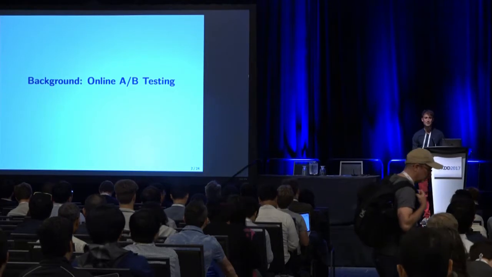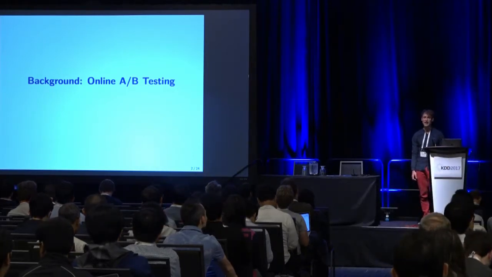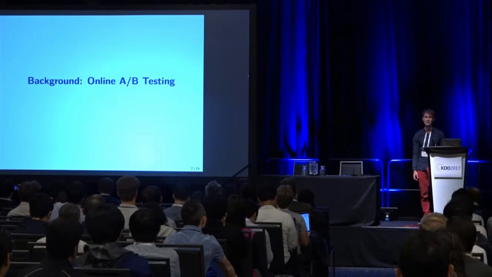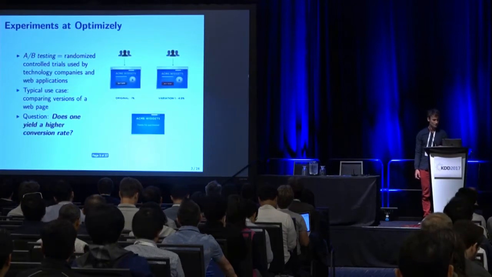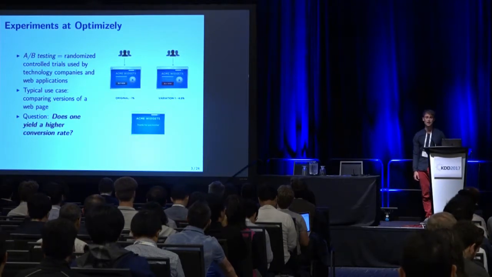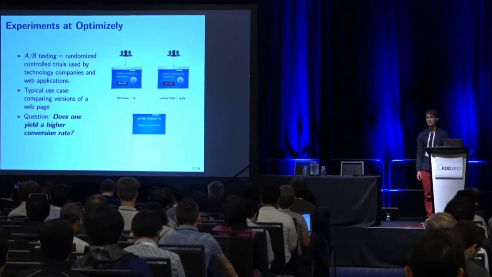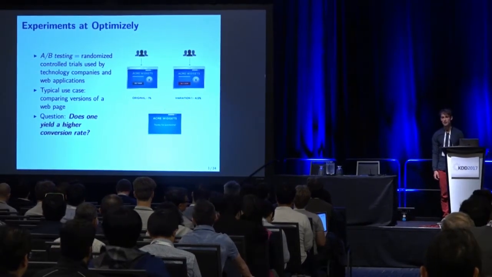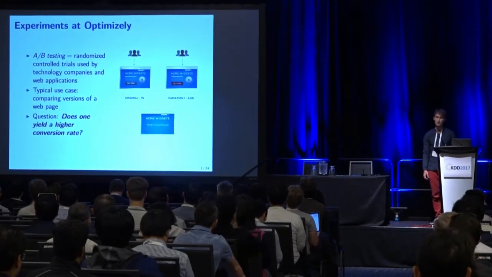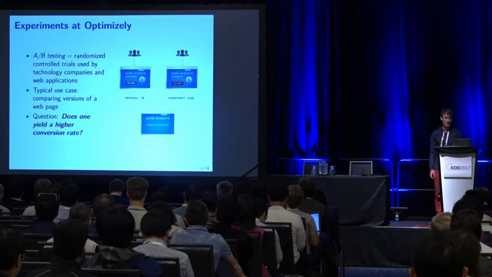OK, so first of all, I'm just going to tell you a bit about Optimizely and what an experiment in Optimizely looks like. A typical Optimizely customer is an e-commerce site. And they will test out different versions of their website. A canonical example is maybe they want to move from a gray checkout button to a red checkout button.